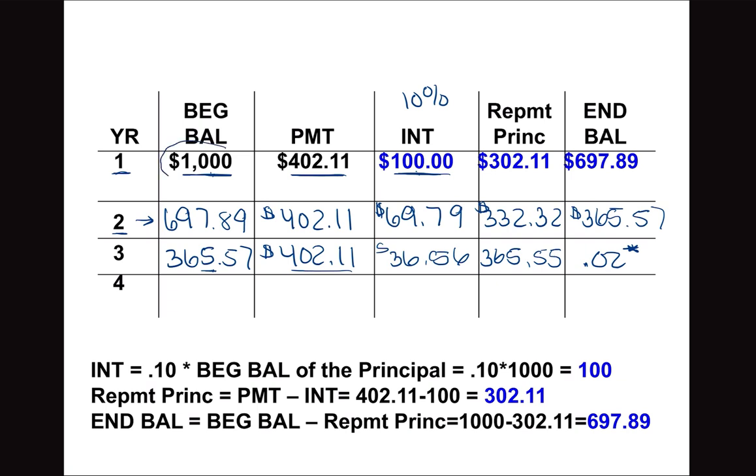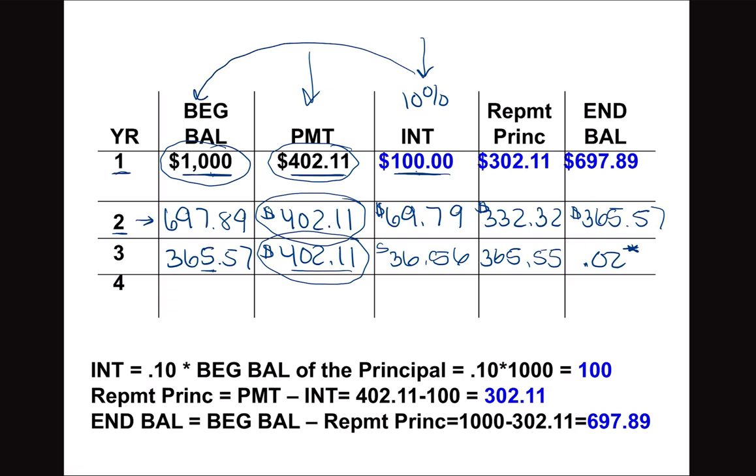This is our beginning balance of a $1,000 loan. We calculated how much our payment would be, and that is consistent. Every single payment period, same payment amount. The interest that we pay is 10% based on our beginning balance. How much goes towards principal of our payment depends on how much we're paying in interest.